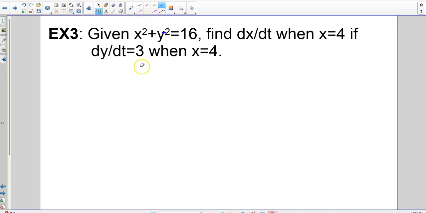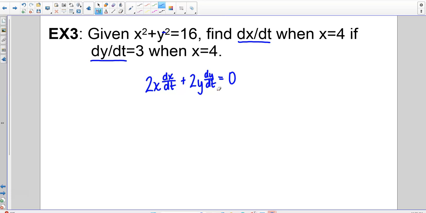We're going to take the derivative with respect to t because they're talking about dx dt and dy dt, right? So we're going to get 2x dx dt plus 2y dy dt. And the derivative of 16 is 0 because that is just a constant.